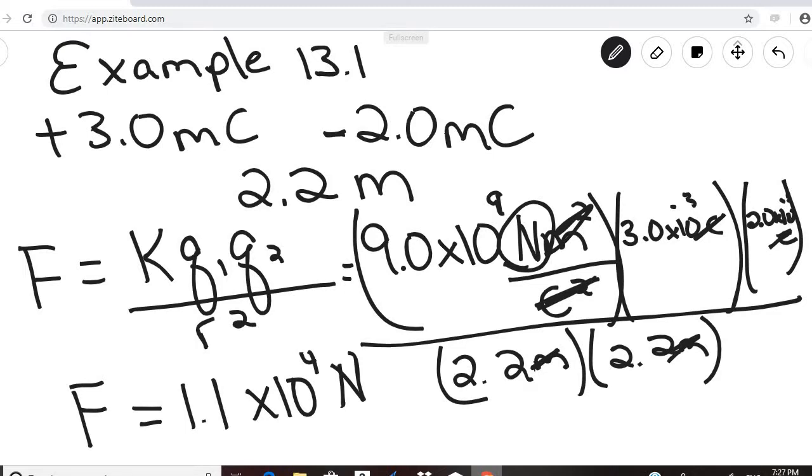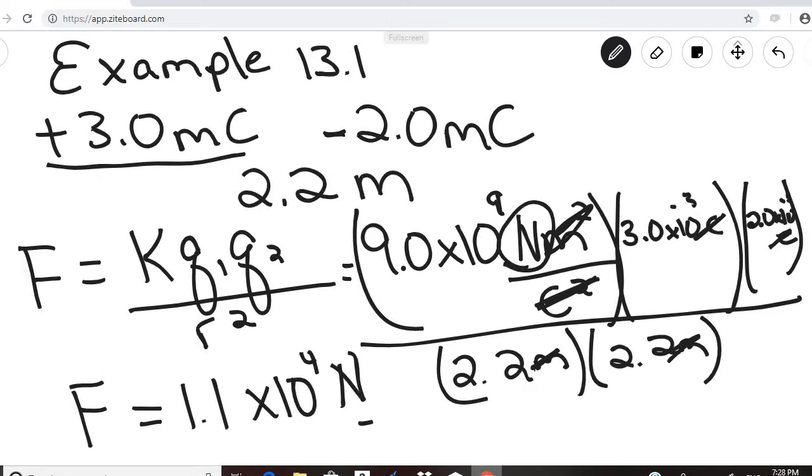So what that means is that this positive charge will experience this amount of force in the direction of the negative charge, because they're going to be attracted to each other. And the negative 2.1 would experience a 1.1 times 10 to the 4th newton force in the direction of the positive charge.